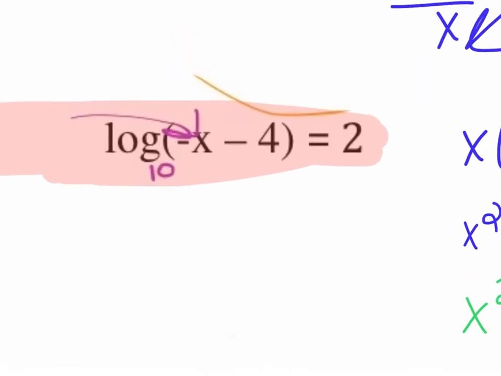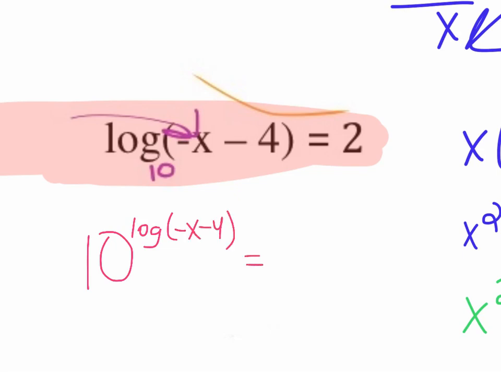Last one. All right, again, if that little 10 wasn't there, we assume it is 10. So what kind of a problem am I starting off with? A log. What's the opposite of log? Exponential. So my big base is going to be a 10, and then everything else is going to go up into the sky.